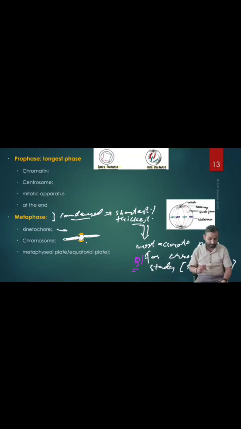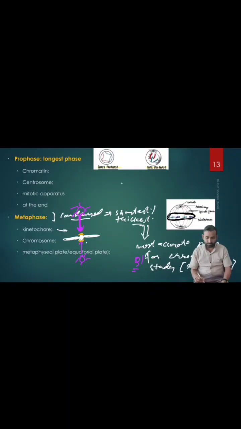The spindle fibers which were forming from the centrosomes begin to attach to the kinetochores. And then they push the chromosomes to the center of the cell. You can see in the picture, the center of the cell, so that all the chromosomes arrange in the equatorial plane.